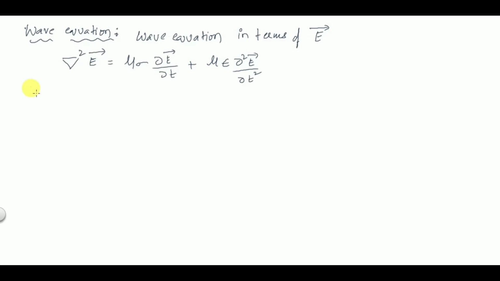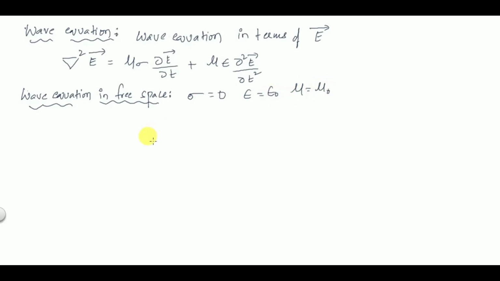Suppose you want to find the wave equation in free space. What are the conditions for free space? I have already given you: sigma is equal to 0, epsilon is equal to epsilon naught, and mu is equal to mu naught.